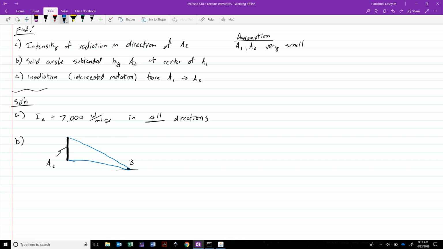So the way we figure this out is we're going to draw the projected area of A2. So here's A2's silhouette as seen from point B. We're going to draw the ray connecting B to this silhouette, which should form a right angle.